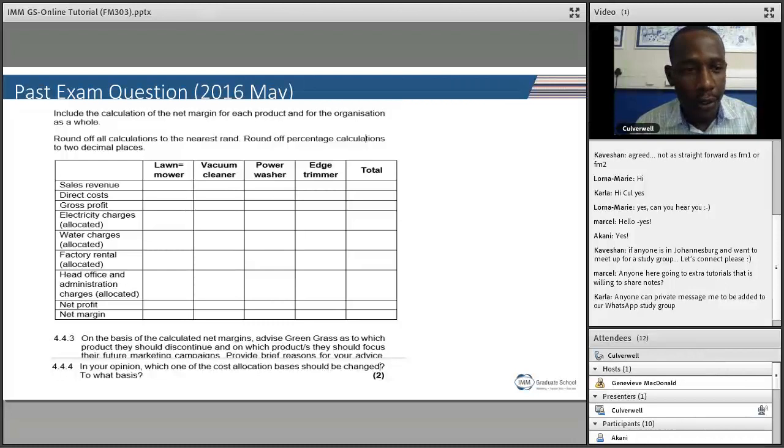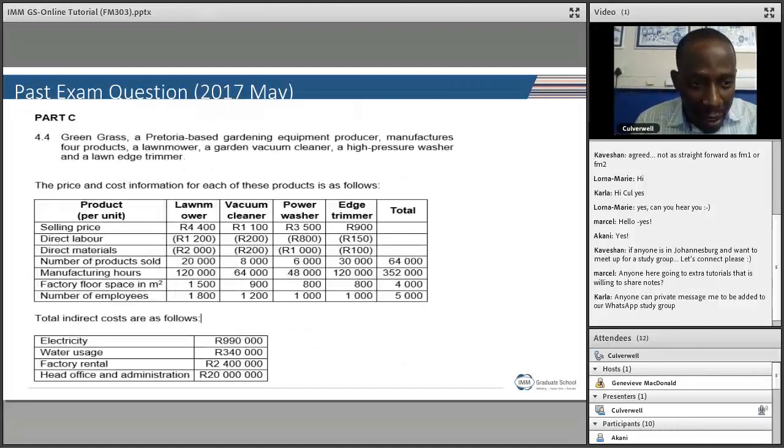I'll then move on to direct cost. If you look at the structure that they gave you, they just went on and said direct cost. They didn't separate direct labor standing on its own and direct material standing on their own. So it goes without saying those two are direct. And how do you pick up direct cost? Direct cost would have already been given in rand amounts or in rand terms.